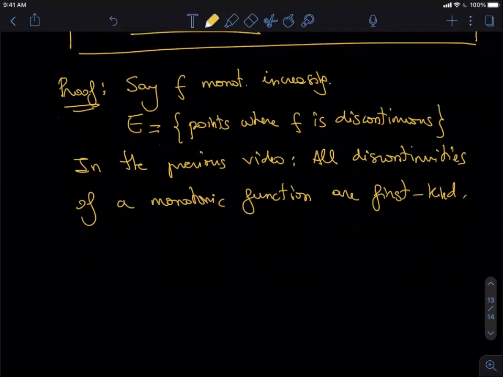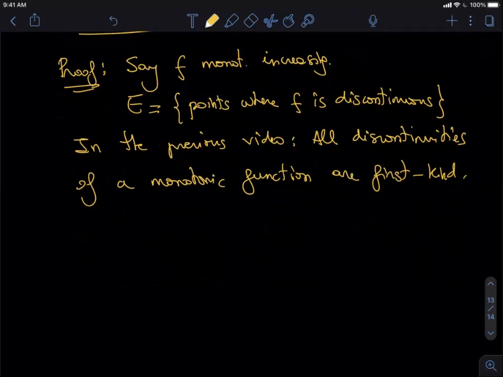Now remember, first kind means that the lateral limits exist. Okay, but they could be different. And they could be different from the value of the function also.